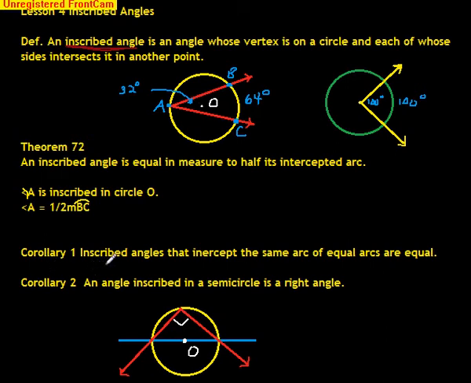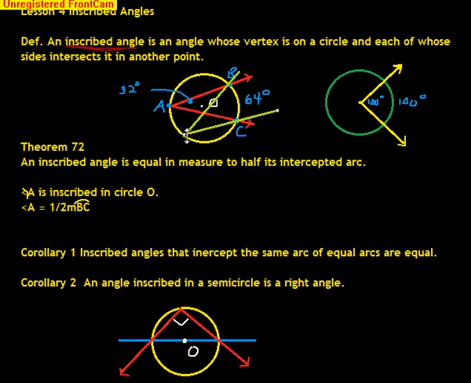Corollary 1 says inscribed angles that intercept the same arc or equal arcs are equal. So if I had another angle, let me just draw another angle in another color. If we had another angle that intercepted the same arc, that came down like this, and then it came out like this.